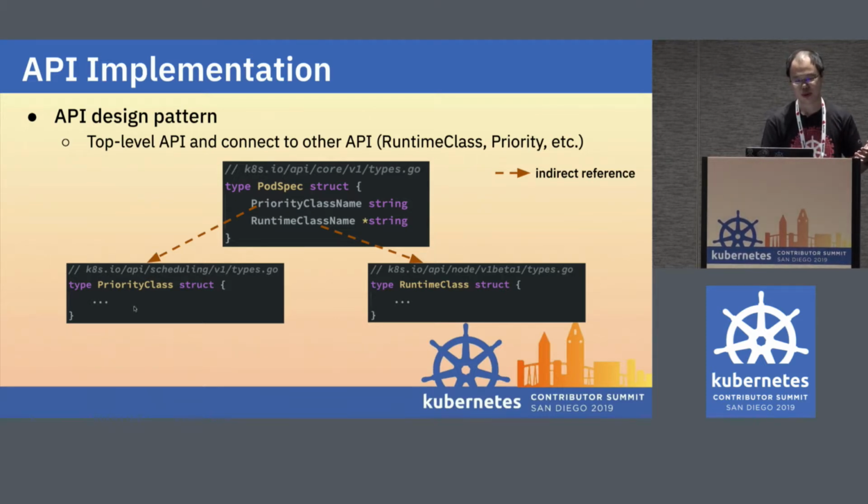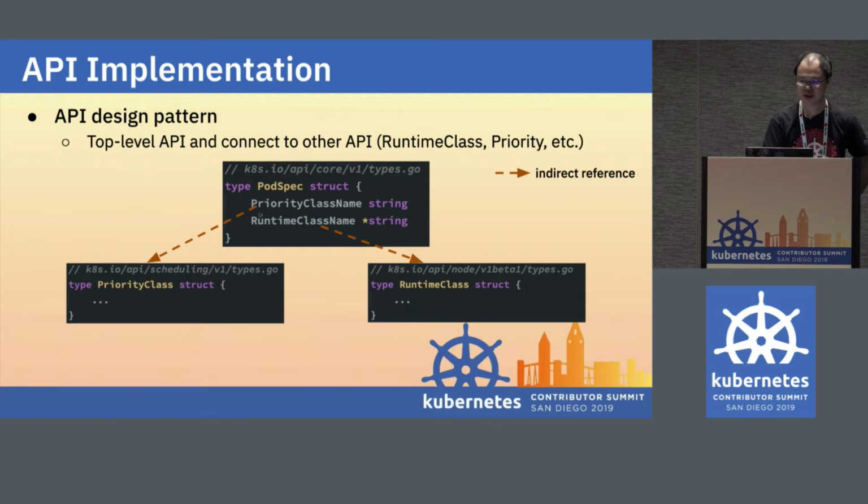For example, when we introduced the preemption feature in the scheduler, we introduced a concept called priority class. It's a standalone API. You can use kubectl to create that. You can also persist it standalone in etcd.